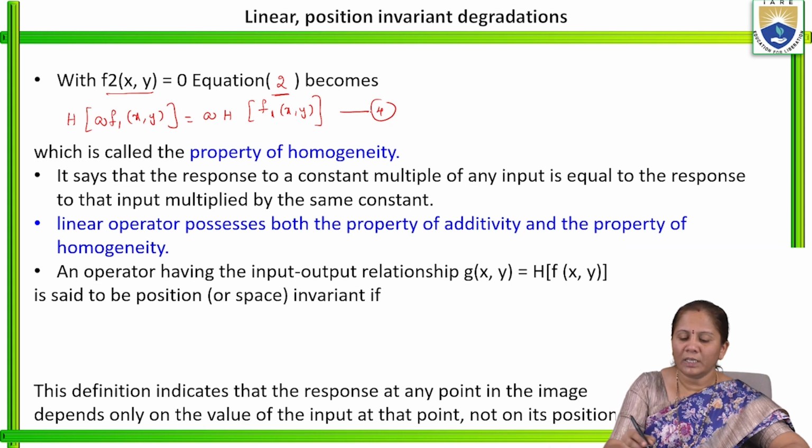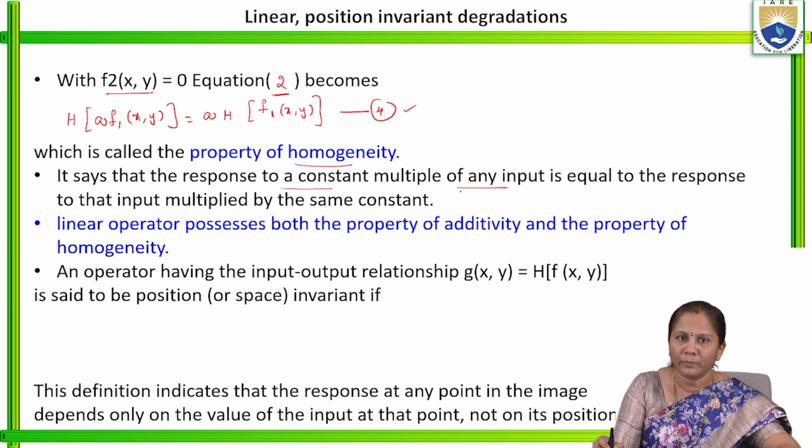This equation 4 represents the property of homogeneity. Previously equation 3 represented the property of additivity. The property of homogeneity says that the response to a constant multiple of any input, here the input is f1 of x comma y, is equal to the response of that input multiplied with the constant.